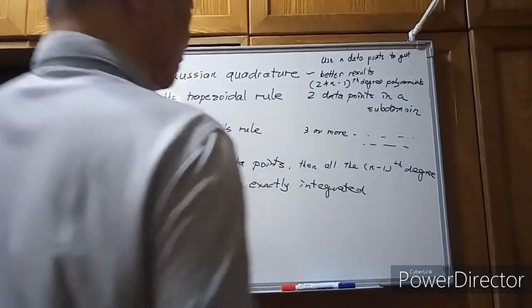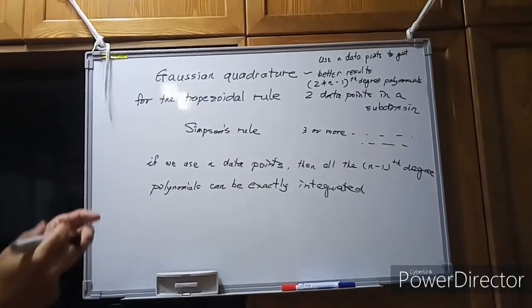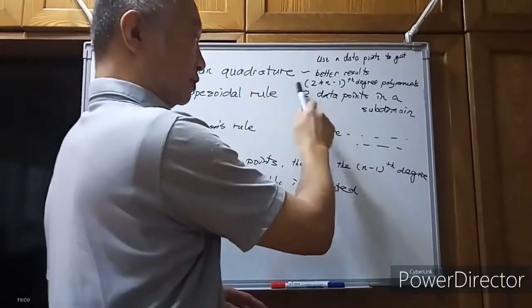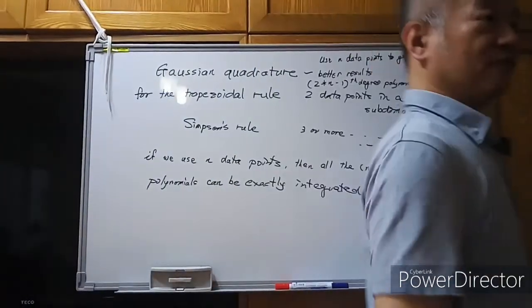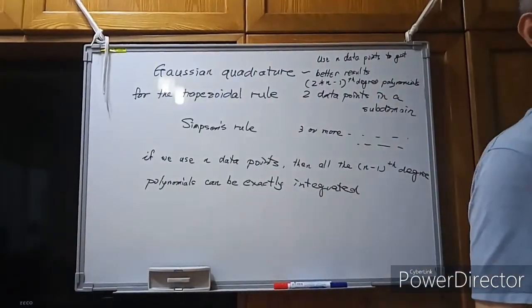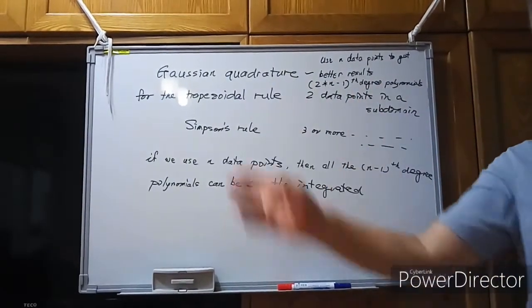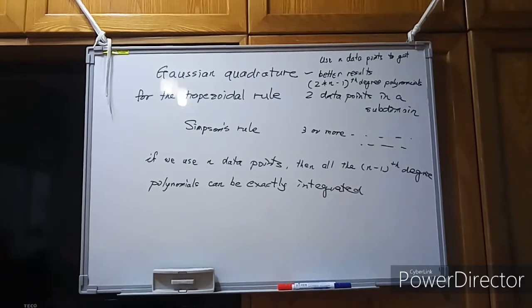For the Gaussian quadrature methods, if we use n data points, we try to exactly integrate all the 2n minus 1 degree polynomial functions, so we get the exact solutions.